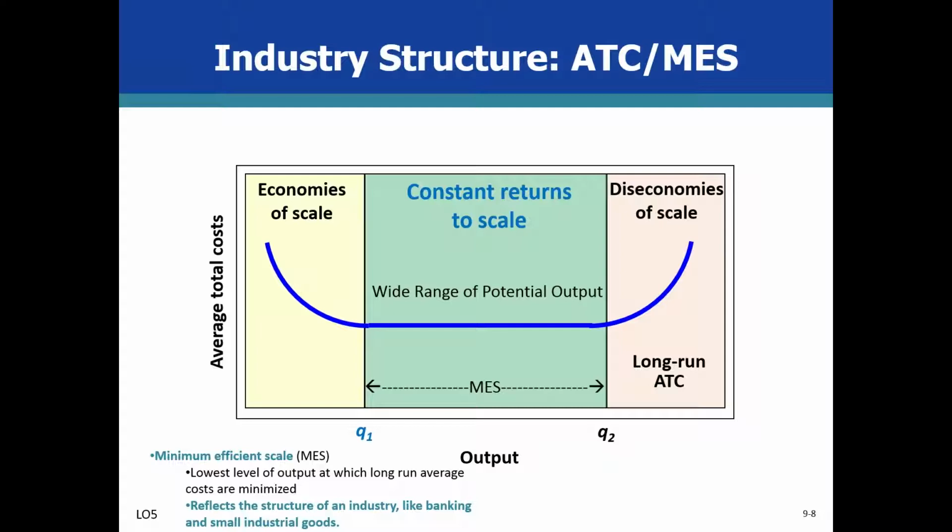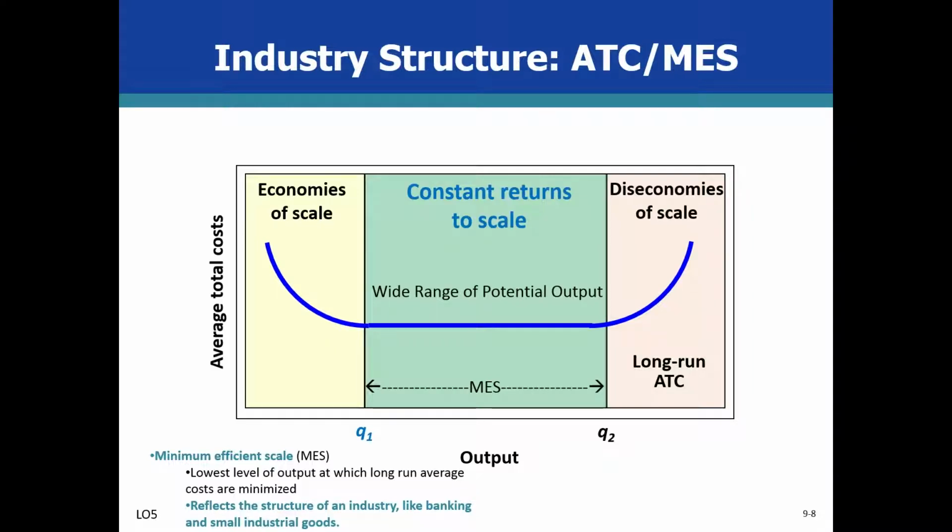To conclude, not all industries have a long-run cost structure where the lowest cost is achieved over a wider range of volume. In other industries, it takes a very high level of output to achieve the lowest average total cost.